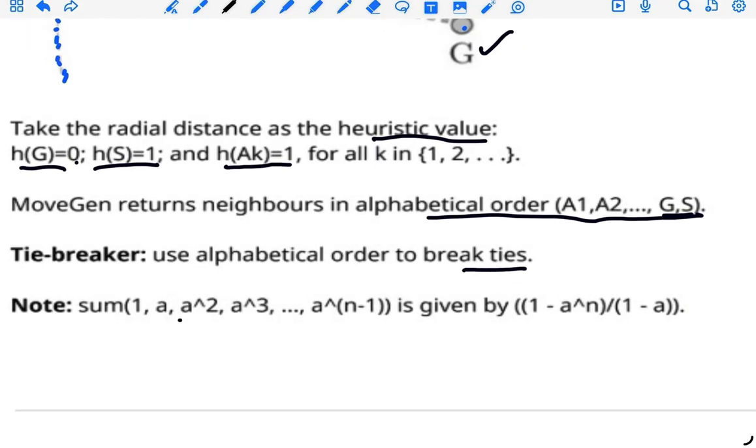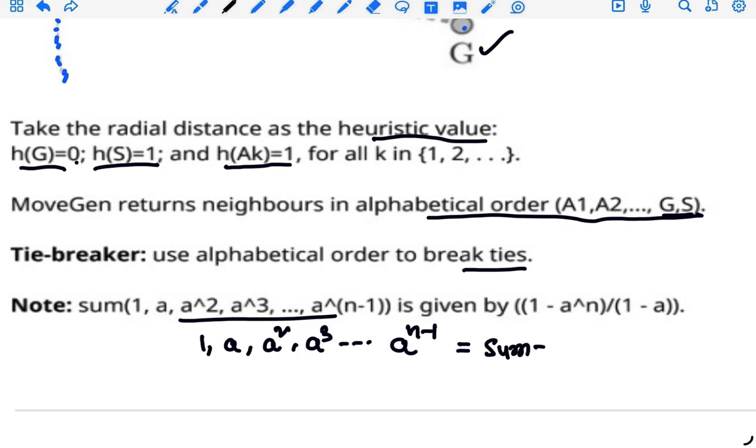So this is a series, I think it is a GP, geometric progression. That is the sum of 1, a, a square, a cube and so on, a power n minus 1, which is given by 1 minus a power n by 1 minus a. This is given in the question.